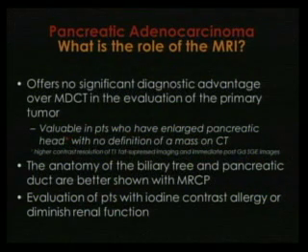What is the role of MRI for diagnosis? In the past, we used to say if the patient is allergic to iodine, we can use MRI, and we still do that.